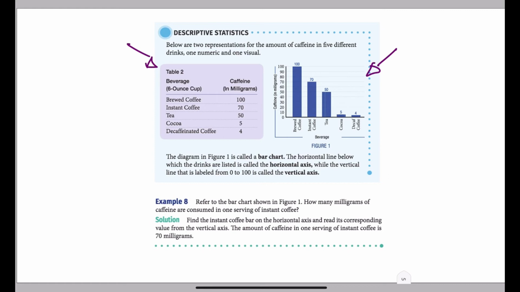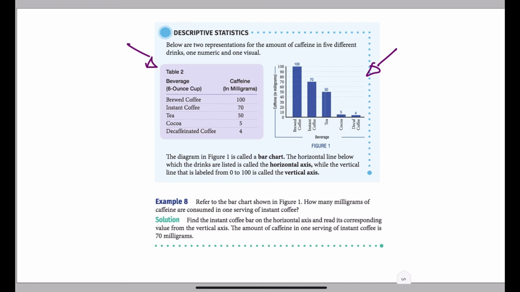Charts and graphs can sometimes be superior to tables, especially if you have a lot of information. In this case, it's 5 different drinks. It's not a ton of information, but you could imagine if you had 50 different drinks, you might want to rank them like the bar chart rather than with a table. So it just depends on your application. Typically, you make the chart from the table, though. So you've got both often.